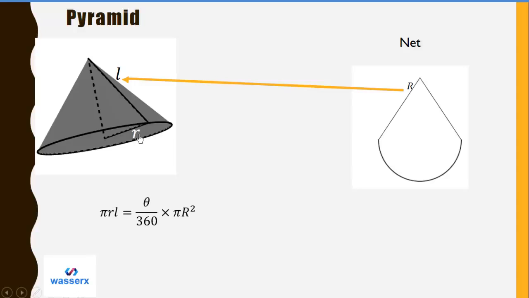When we equate the curved surface area of the cone, which is pi r L, to the area of the sector, we can simplify this to obtain small r to be equal to theta R over 360 degrees. So that is the relationship among theta, big R and small r. And don't forget that L is equal to big R. That's why one of these will cancel out this.